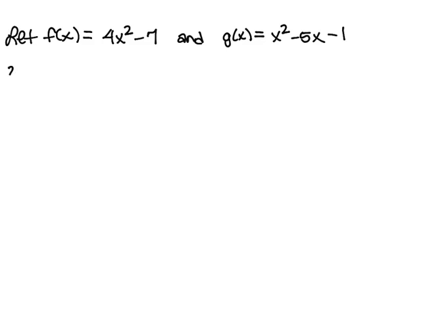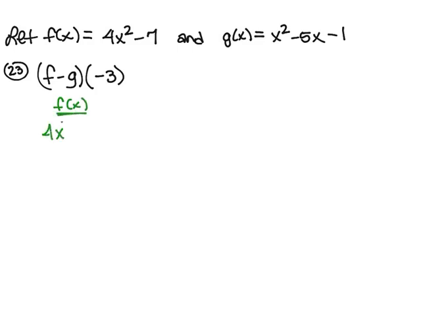Find the following. So 23, you have f minus g of -3. Okay? F minus g of -3. So here, this is an operation. We're going to go to the f function, which is 4x squared minus 7. And in the place of x, we're going to stick -3. And you can type this directly in your calculator.